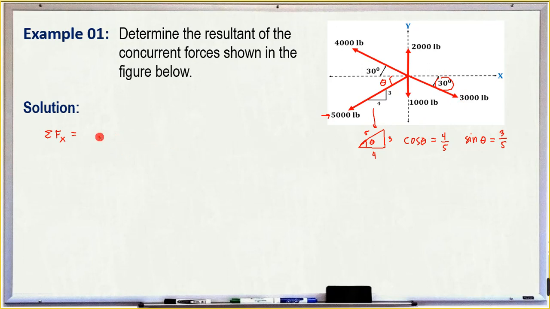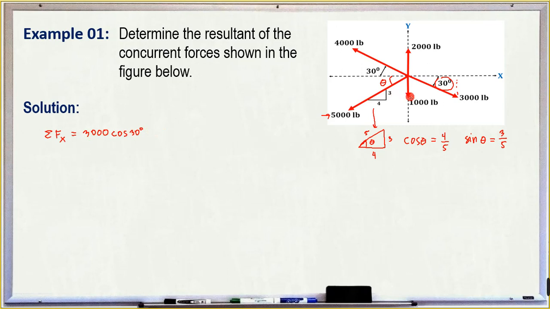For the 300 pounds, its component along x, you just project it. So which trigonometric identity do we use? Is it cosine or sine? That is cosine, cosine 30 degrees. Then it is positive because it is pointing towards the positive side of the x-axis.